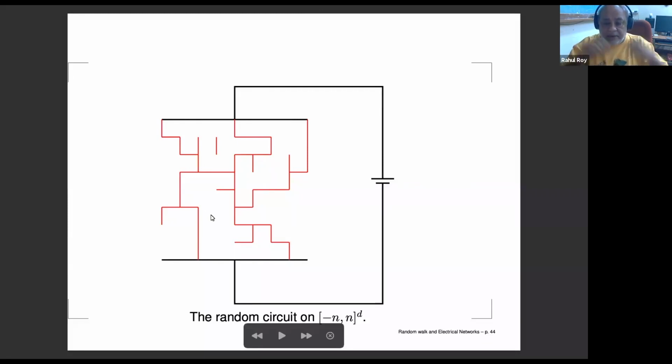We have put some resistors and we removed some. So each red edge is a resistor, and so what we've got is a random circuit. Now instead of 0 to n to the power d, I made it minus n to the power d, but that is not important, just a typo. But just take it to be minus n to the d.